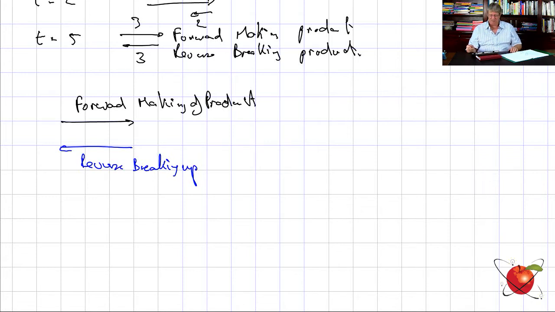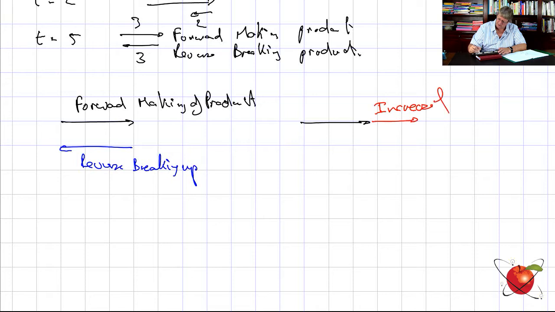Now I do something. My something can have a few options. First of all, there's my current level. And now I make the forward reaction, I increase it. Well, currently, where am I?